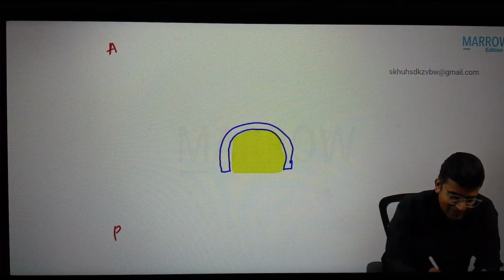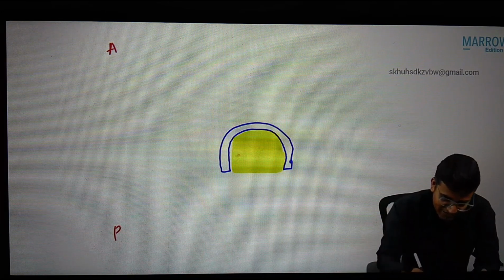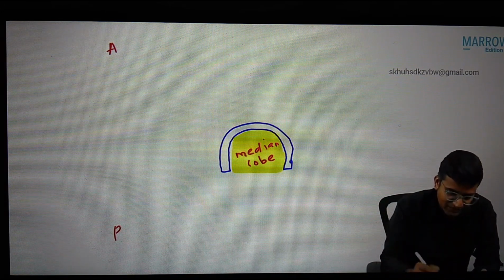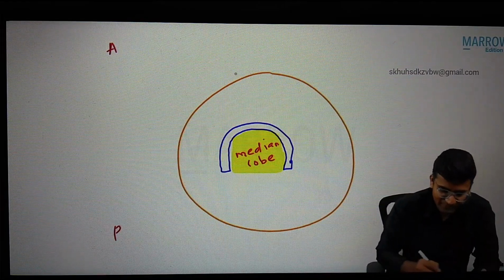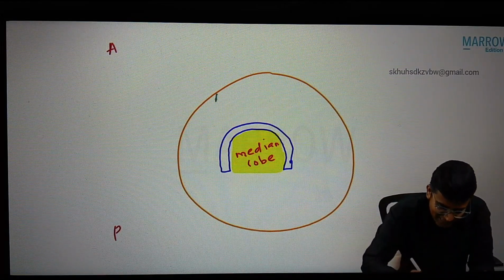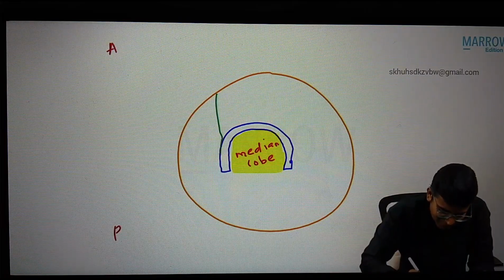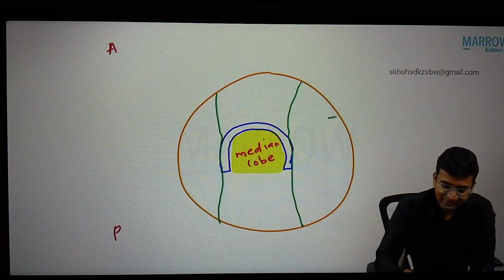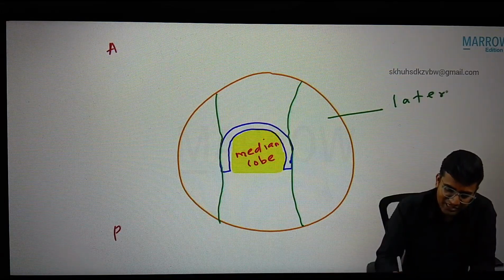Yes, that is our median lobe of the prostate. Now, this is the prostate gland in cut section. Laterally, we have the lateral lobes. We have 2 lateral lobes.